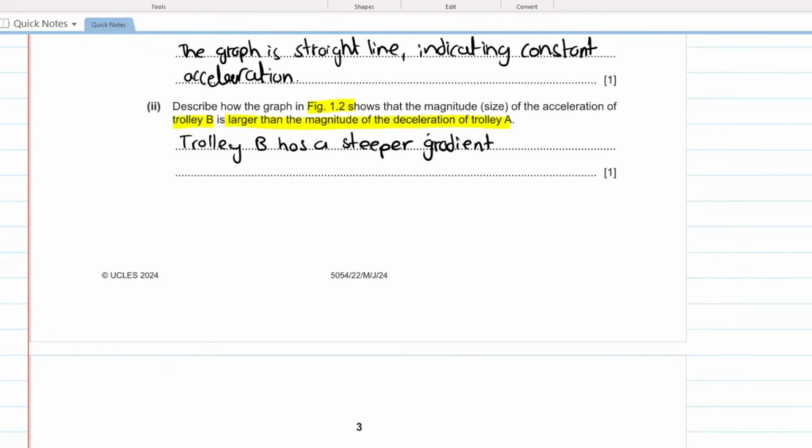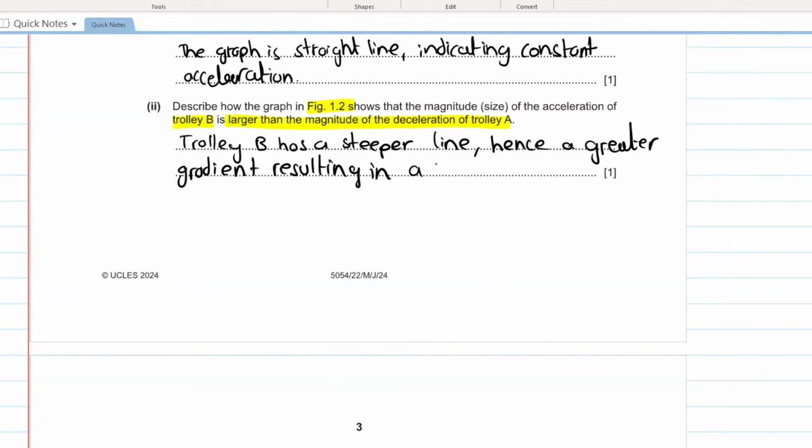Hence, a greater gradient, resulting in a larger magnitude of acceleration. Nothing complicated here. Literally the easiest thing.